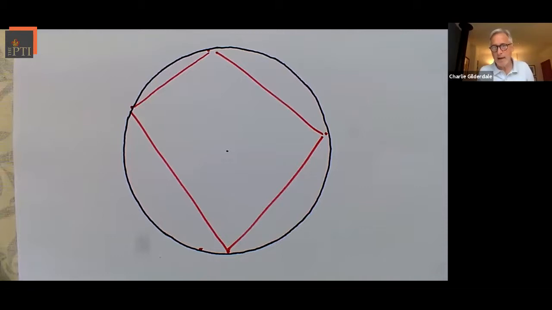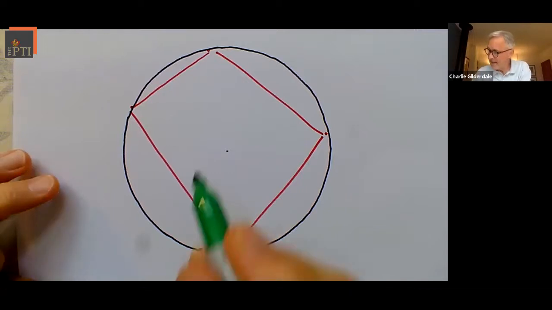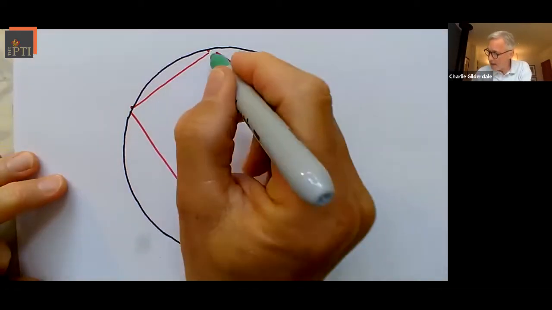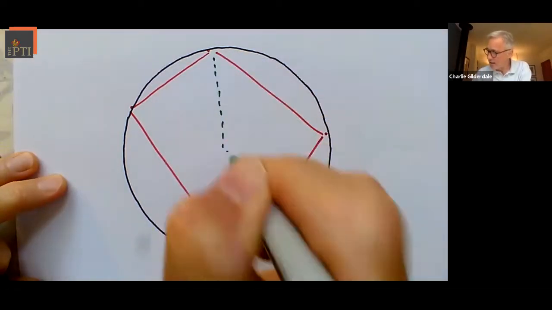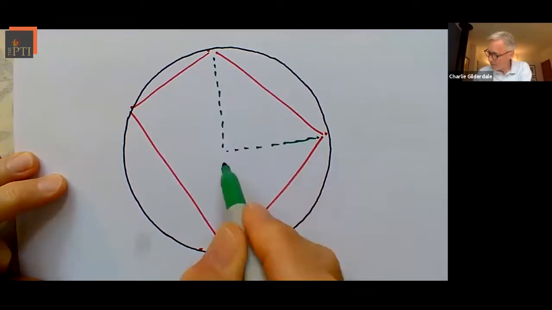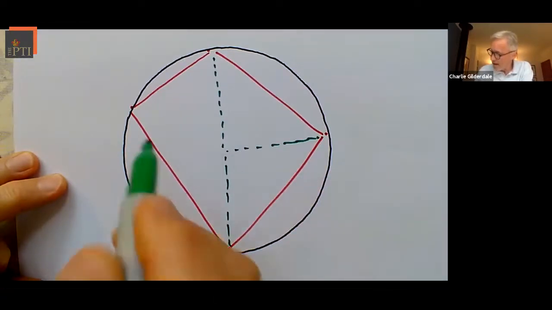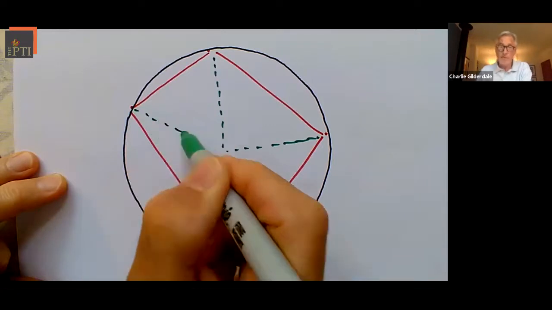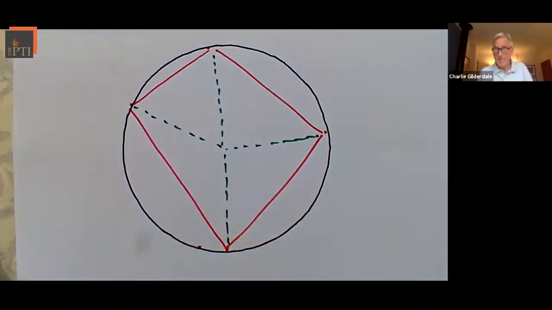So I'm going to help you as well, and I'm going to give you a little bit of time to think about this. And our nudge is this. We've been working on all the examples so far by splitting our cyclic quadrilateral into 4 triangles, 4 isosceles triangles. And let me get my pens ready.